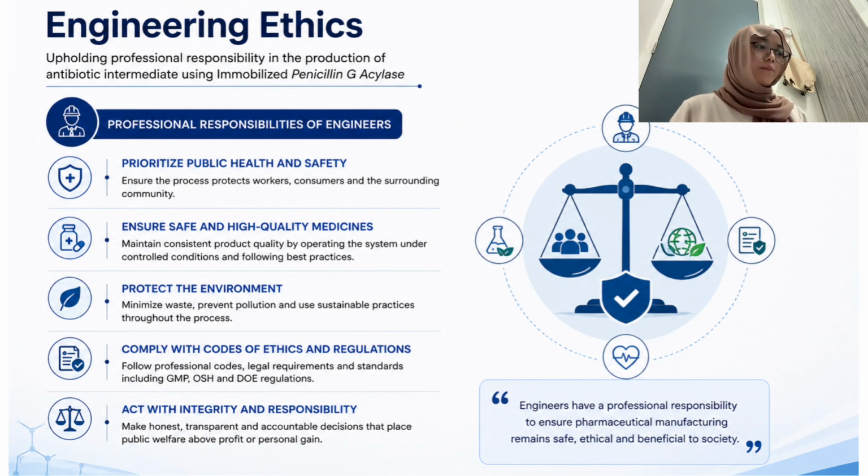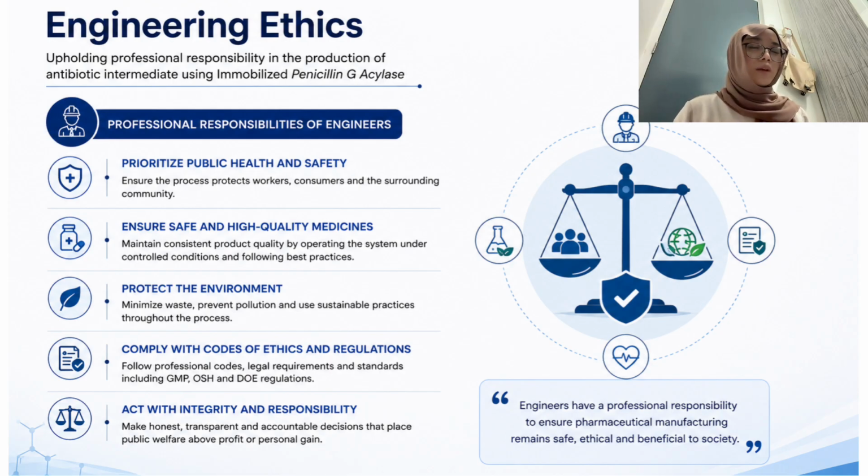Engineering is not only about designing efficient manufacturing processes, it is also about making responsible decisions that protect people and the environment. In our case study, engineers play an important role in ensuring that immobilized penicillin G acylase is used safely and effectively to produce high-quality antibiotic intermediates.